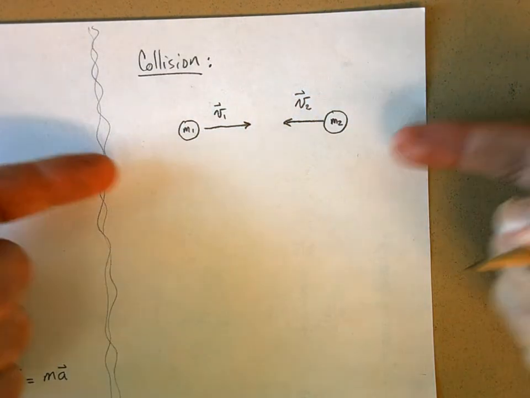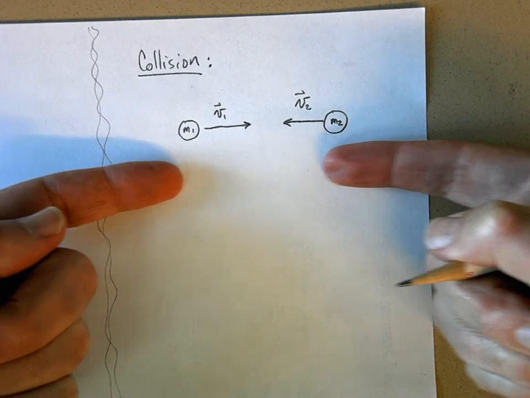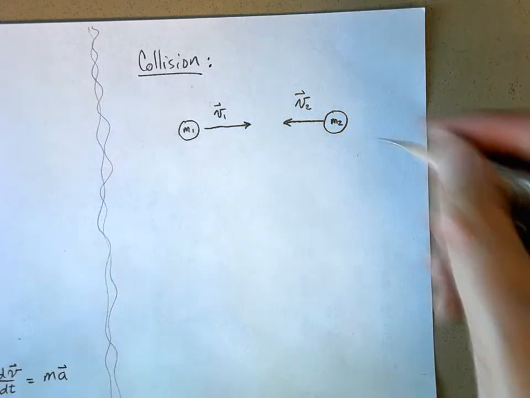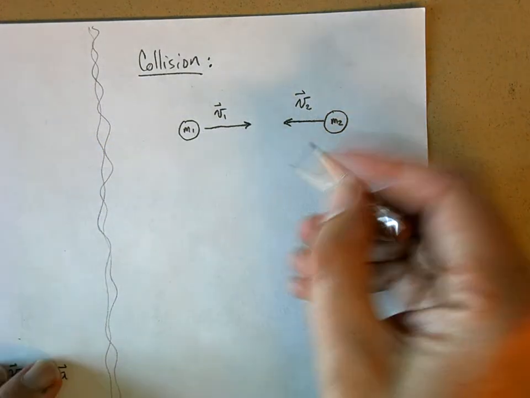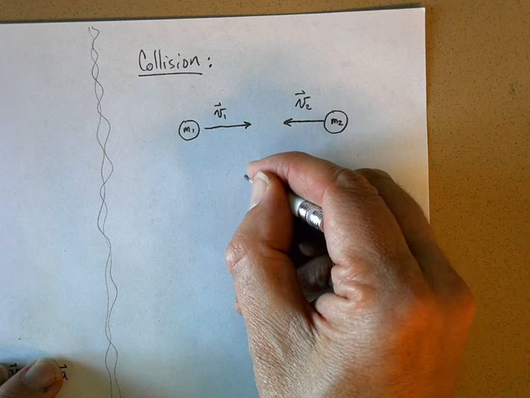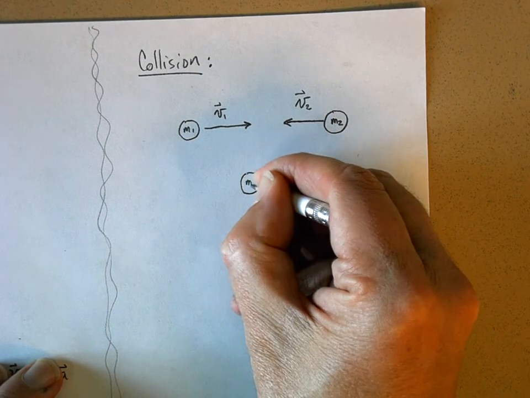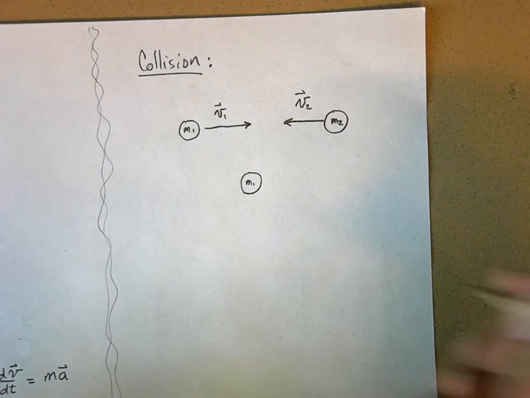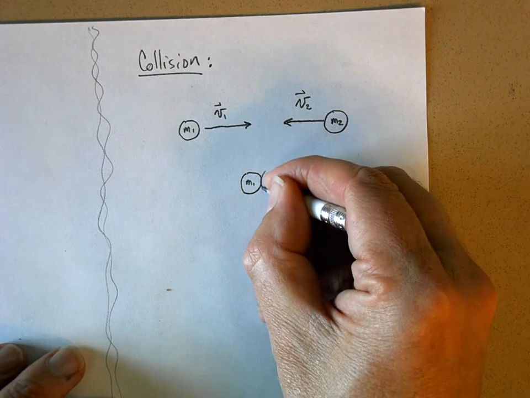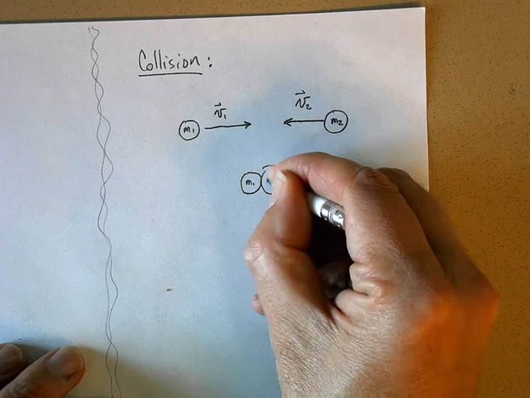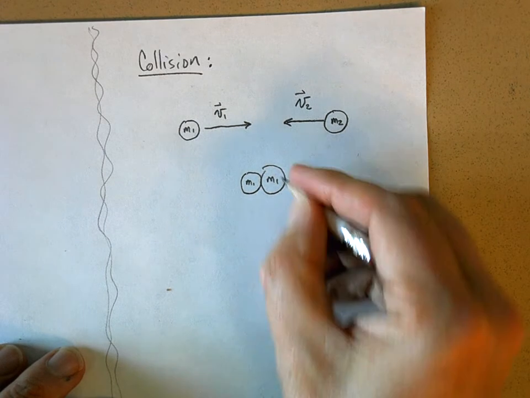So when they come together, they're going to collide. Now I'm going to get rid of these velocity vectors here. Let's take a look at the instant of collision. Well, it's not really instant. It takes time for them to completely interact. Now they're touching each other here. So here's m1 and m2.